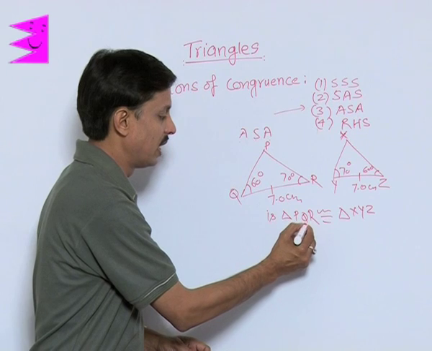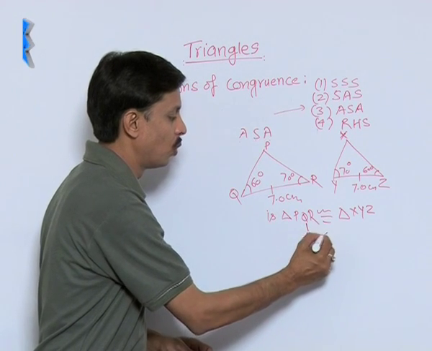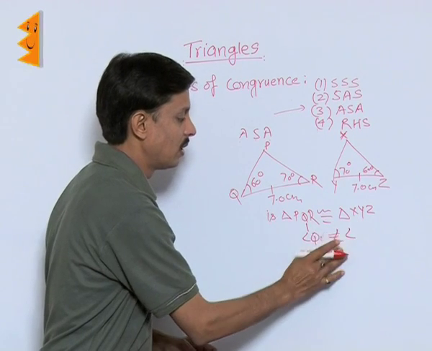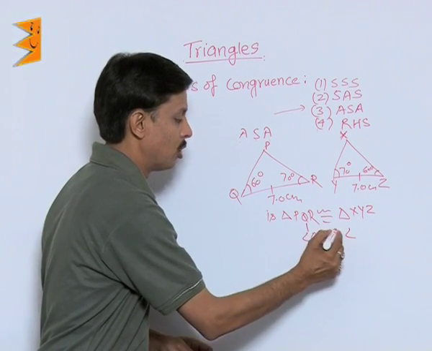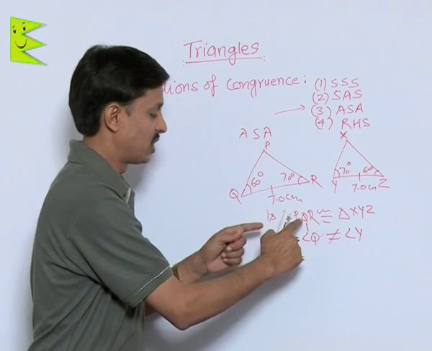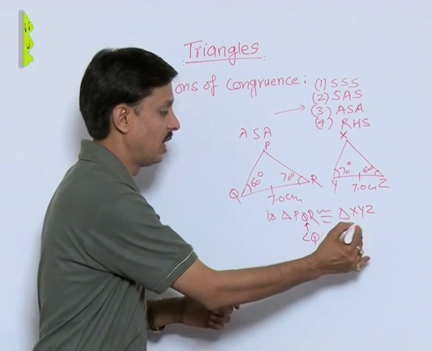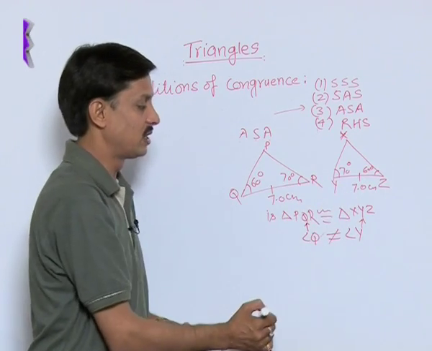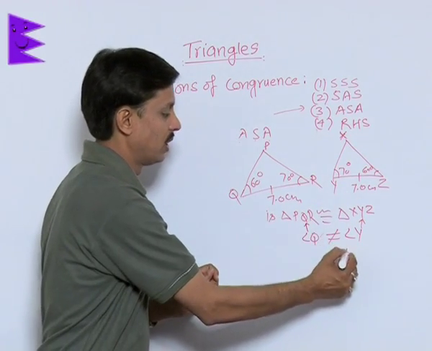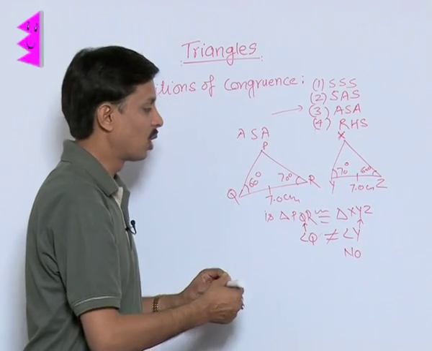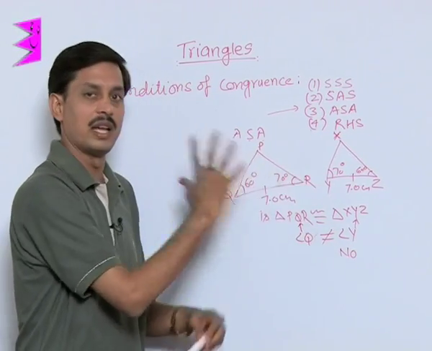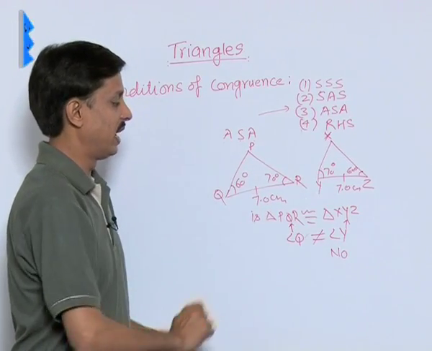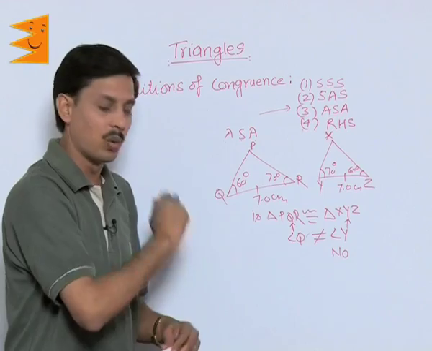So we say that angle Q is not equal to angle Y. The second vertex angle of the first triangle is not equal to the second vertex angle in the second triangle. That's why we say these triangles are not congruent in this order. Though the triangles are congruent, because both have an equal side, and the equal side includes equal angles.